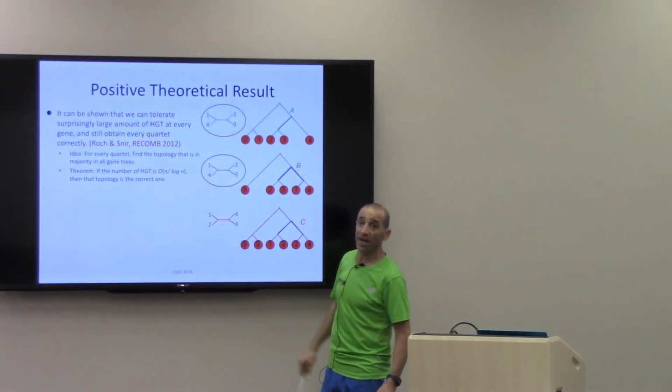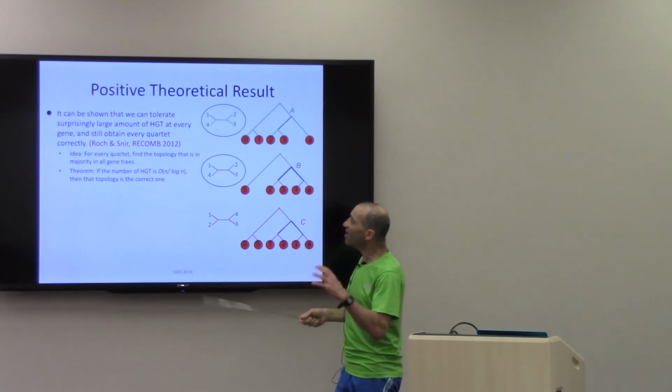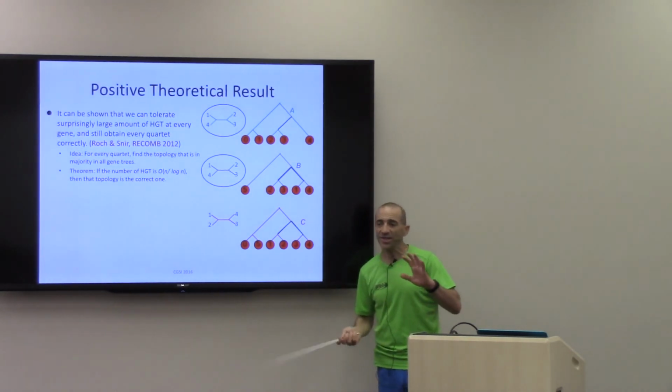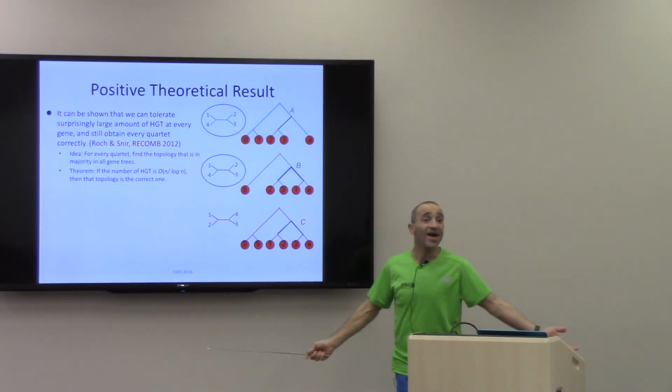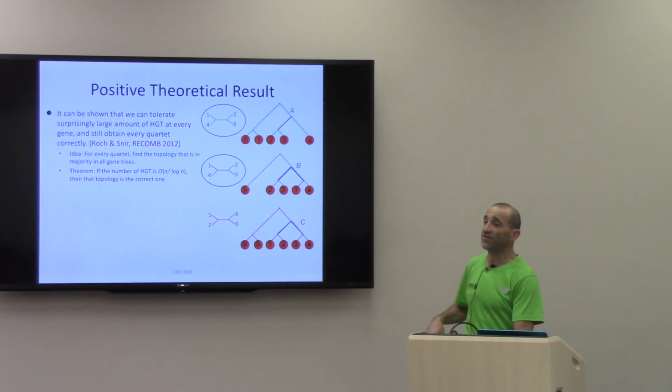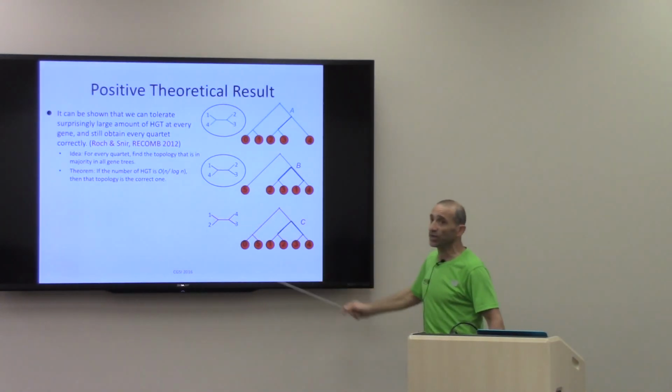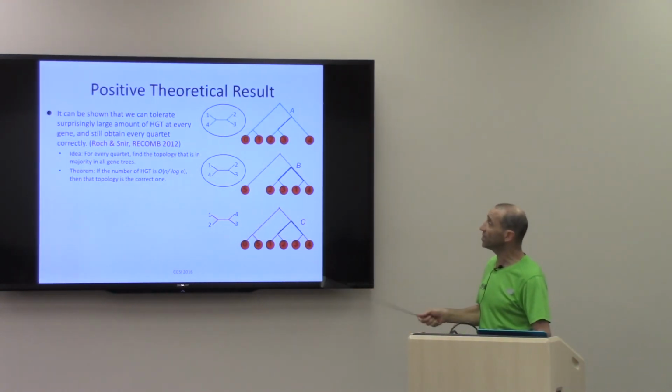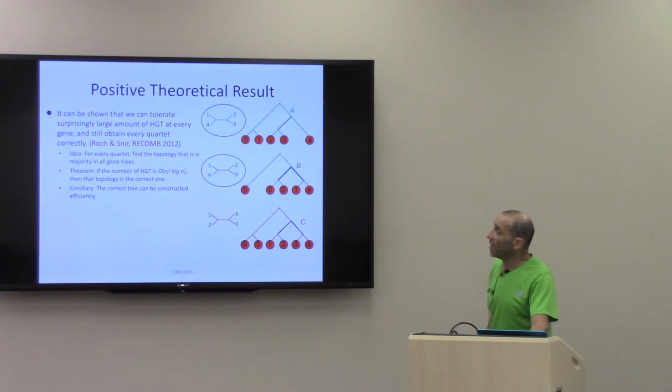N is the number of species. We have some assumptions here, of course: uniformity of HGT along the tree, or a Poisson process that is uniformly distributed over the edges of the tree. And the corollary is that the quartet tree can be constructed efficiently.